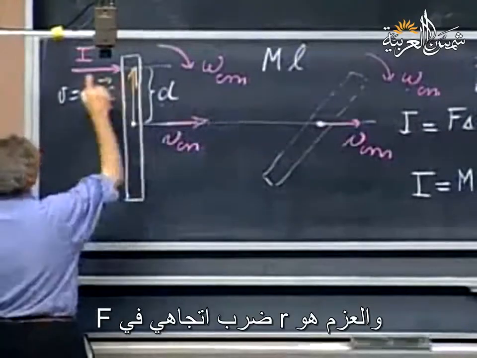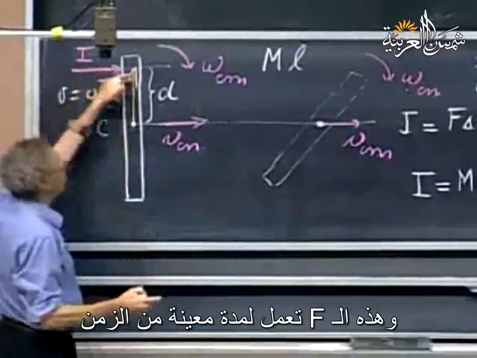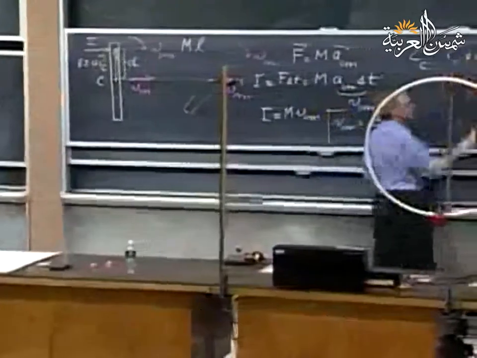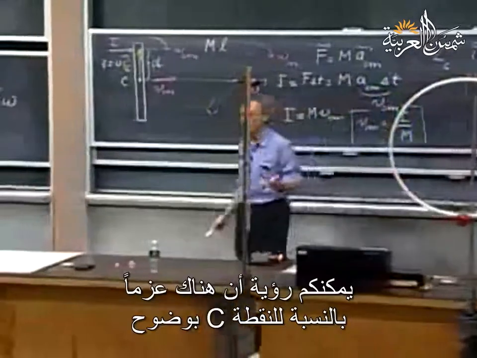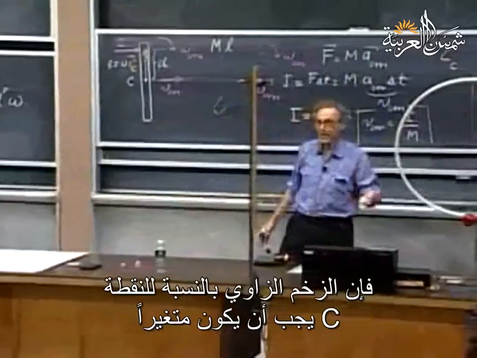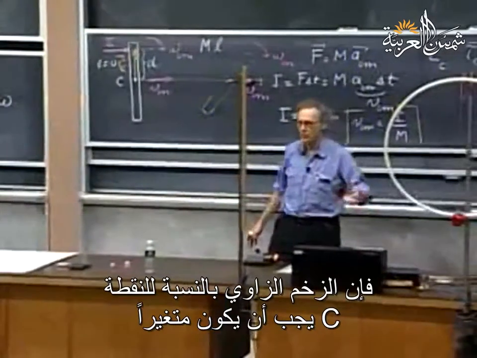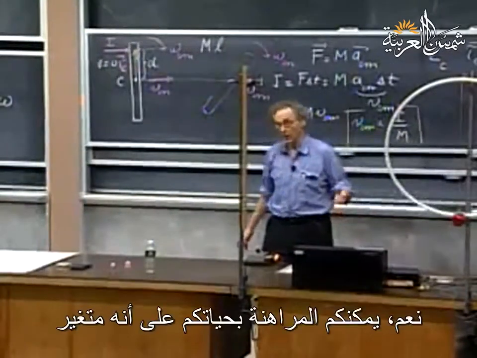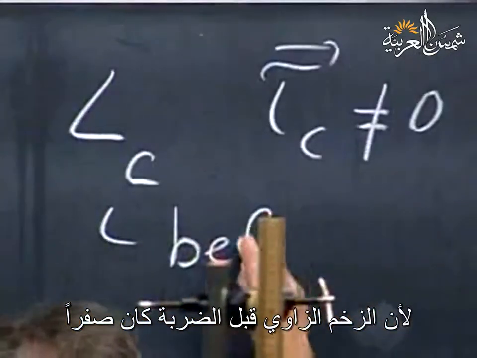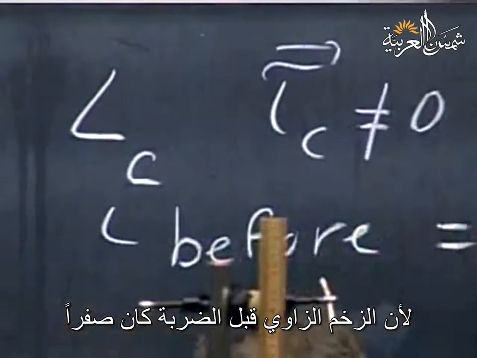And the torque is R cross F, and this F acts for a certain amount of time. So this certainly is not zero. You can clearly see there is a torque relative to point C. And if there is a torque relative to point C, the angular momentum relative to point C must be changing. Yeah, you bet your life it's changing, because the angular momentum before the hit is zero.